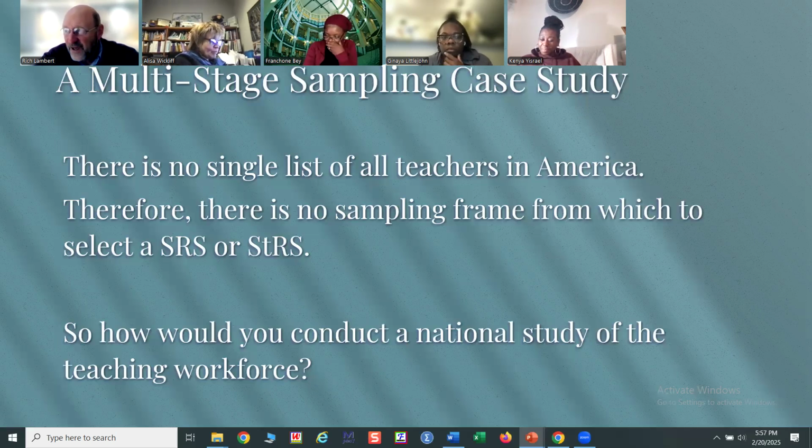However, because I'm a restricted use license holder of these special data sets that the National Center for Education Statistics collects, I've been getting weekly updates on what's happening in Washington. And let's just say the advice is go get whatever you can get now because it may be going away.